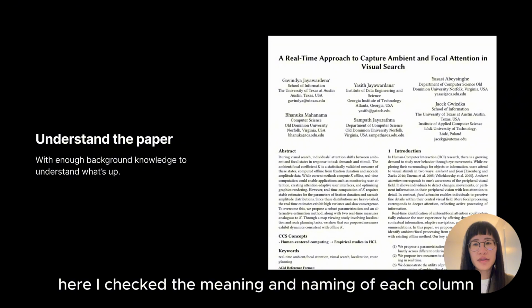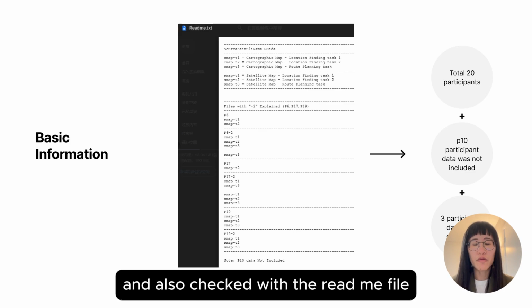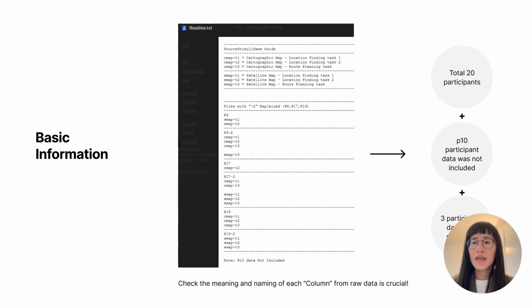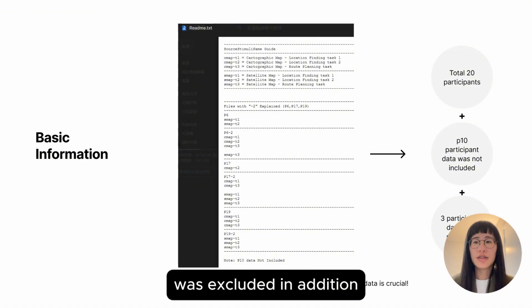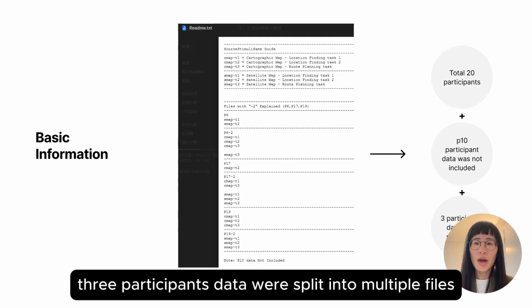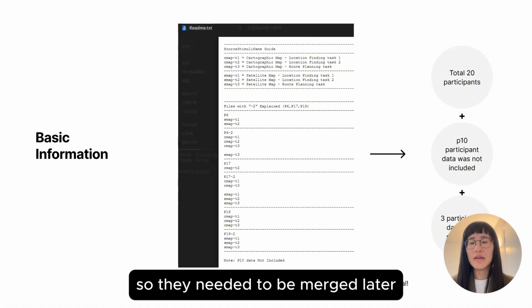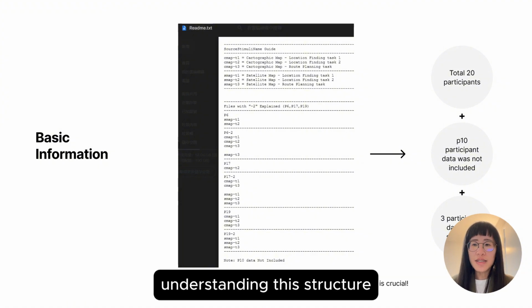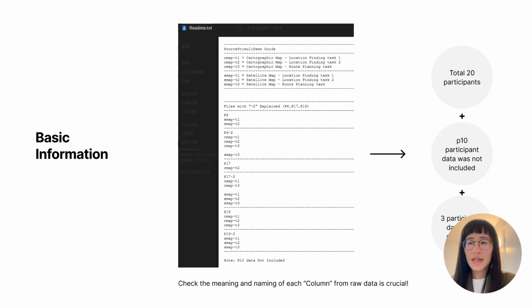Here, I checked the meaning and naming of each column in the raw CSV files and also checked with the README file. There were 20 participants, but one participant, P10, was excluded. In addition, 3 participants' data were split into multiple files, so they needed to be merged later. Understanding this structure helped me prepare for the cleaning process.